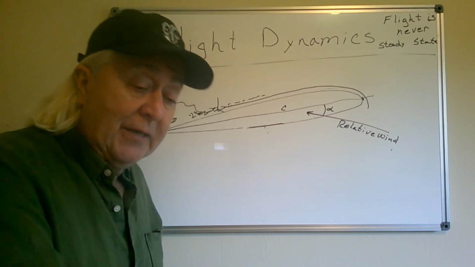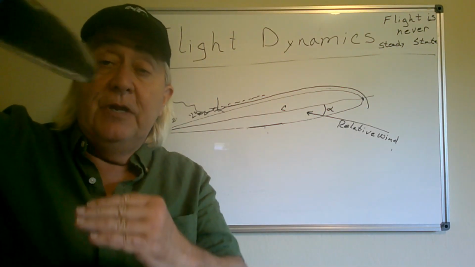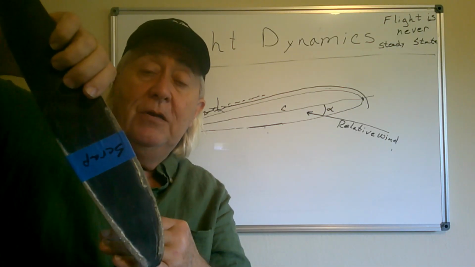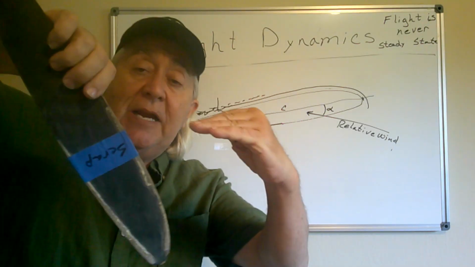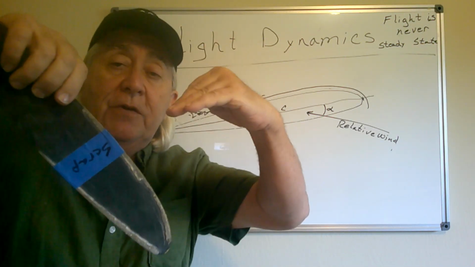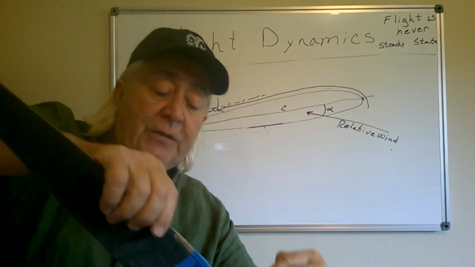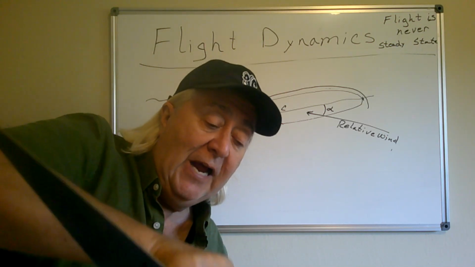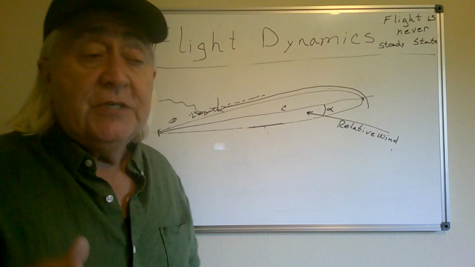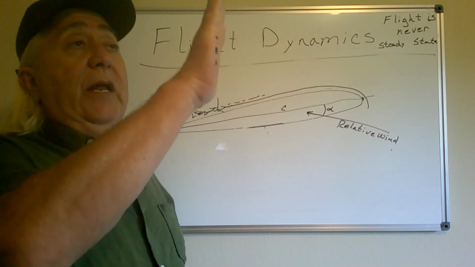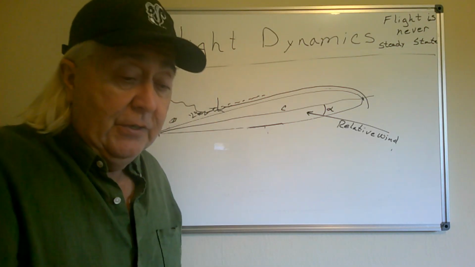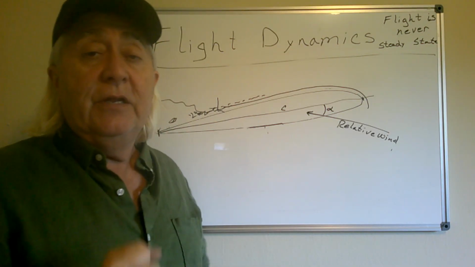You let speed pick back up, and the aircraft pitches nose down, but this is a dynamic event. It happens quickly, so the relative wind is still somewhere over here, and as you pick up speed, the relative angle of attack comes back. That's why when you do accelerated stalls and it finally breaks into the stall and the nose drops, well, you can't just pull back on the stick right away.